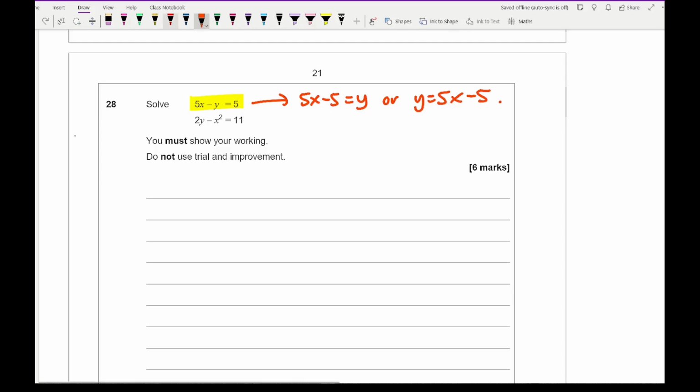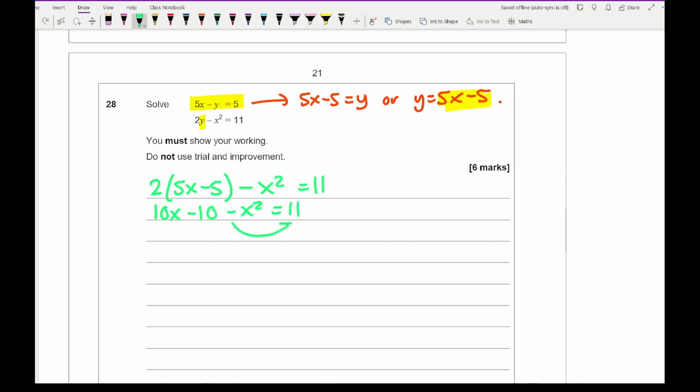So what I'm going to do is substitute this wherever I see a y. So from this, what I've got is two lots of 5x minus 5 minus x squared equals 11. Expand this out, get 10x minus 10 minus x squared equals 11.